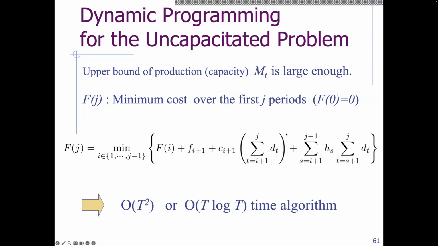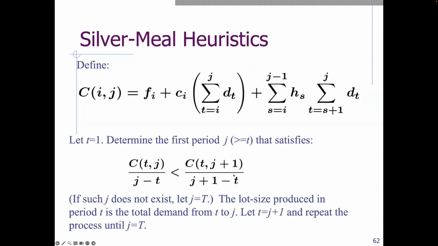It says the minimum cost to period j is the sum of the minimum cost to period i, that is before j, plus the cost to produce at period i plus 1 and to satisfy all the demand from i plus 1 to j. Based on this dynamic programming recursion, we can derive an O(t squared), or much faster O(t log t), algorithm. We have shown exact formulations and an exact algorithm for the uncapacitated lot sizing problem.